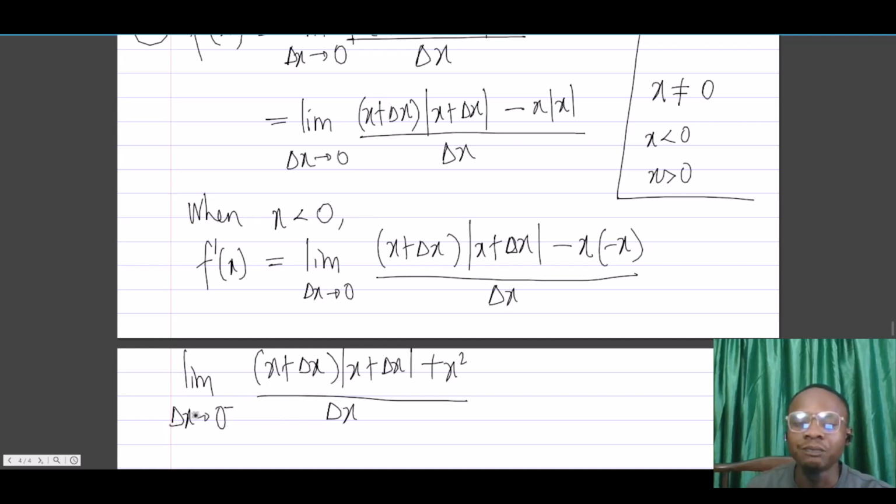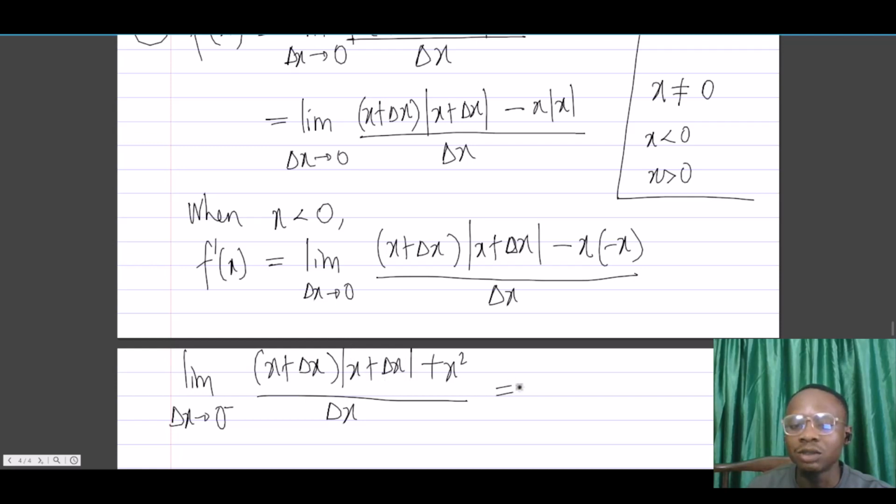So if that is the case, delta x will be negative, x is also negative. So the expression we have here will be negative. If it is negative, that is less than 0, then this modulus will be minus of whatever we have here.